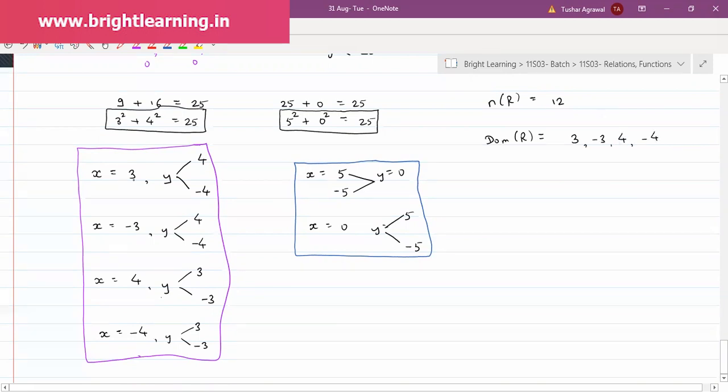The set of first elements, x comma y: 3, minus 3, 4, minus 4, 5 and minus 5, and 0.